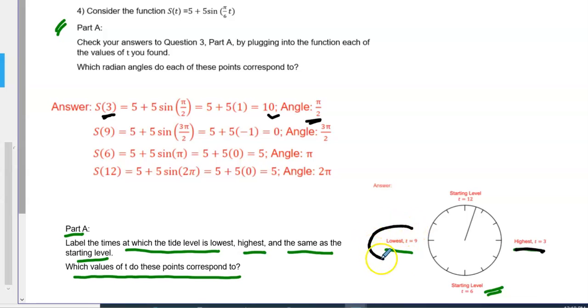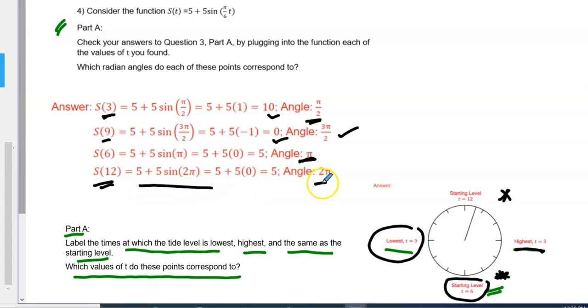And now for the lowest, when we plug in t equals 9, we are getting 0 and it occurs at 3 pi on 2. And at t equals 6, this gives us the same point as the starting level, and it occurs at angle pi. And then the last one is s of 12, which gives us a period, which is 2 pi.